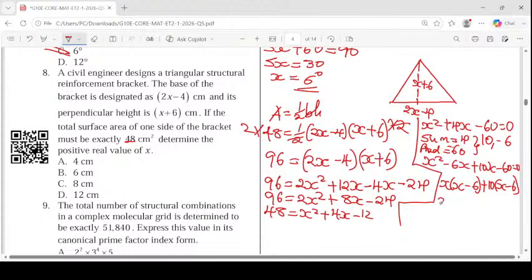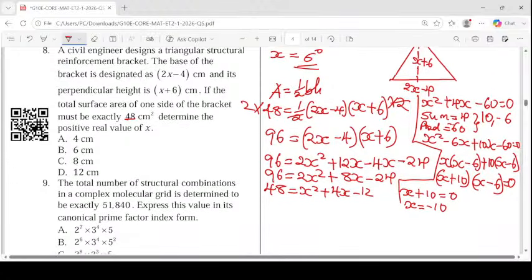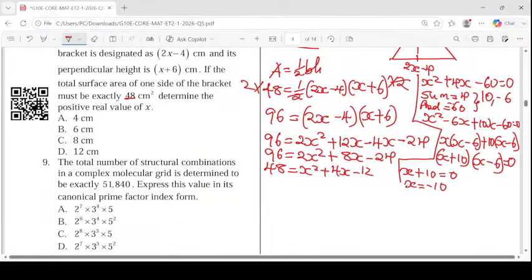So here we'll have x plus 10, x minus 6 being equivalent to 0. In the first case, I have x plus 10 is equals to 0, meaning my first value of x is negative 10. In the next case, I'll have x minus 6 is equals to 0, meaning x will be equivalent to 6.